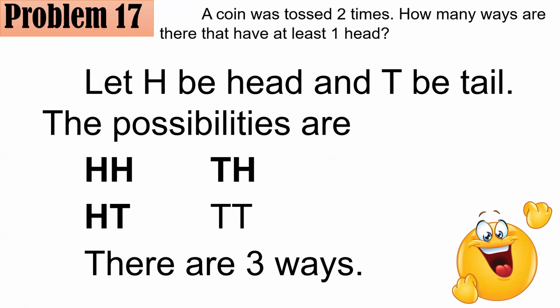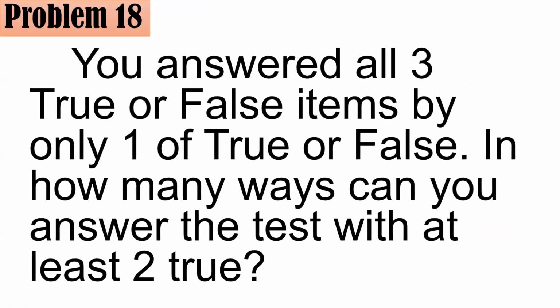Number 18. You answered all three true or false items by only one of true or false. In how many ways can you answer the test with at least two true? So meaning you could have two true or more true.